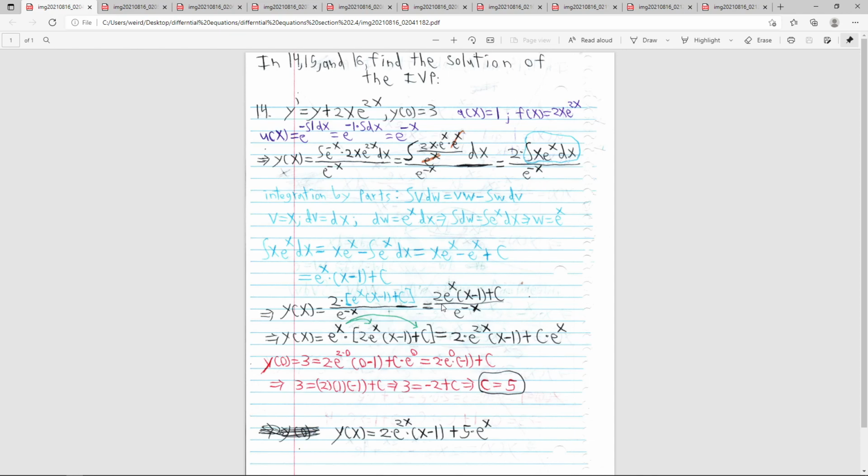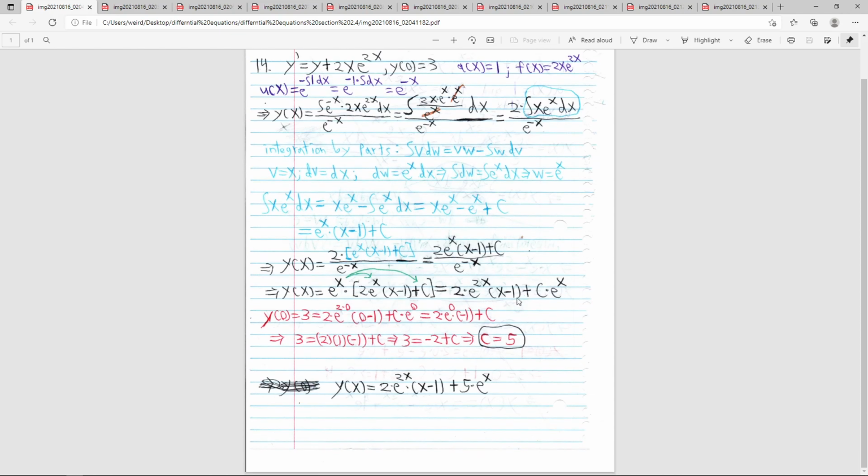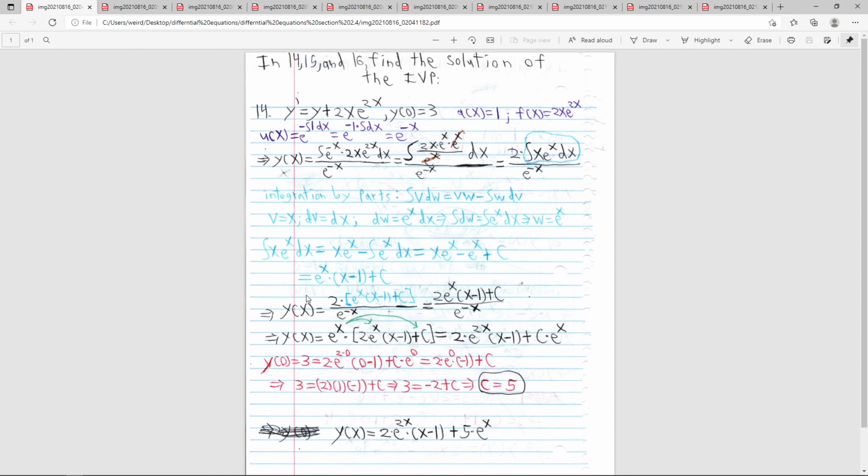So then from there, it's not looking simple, but we just have to simplify a little. So y of x is equal to e to the x times... Oh, I see.